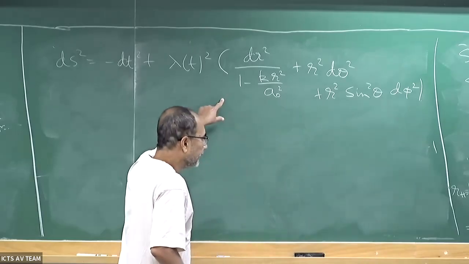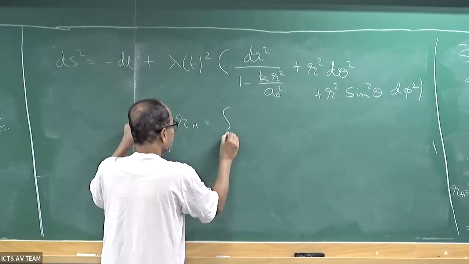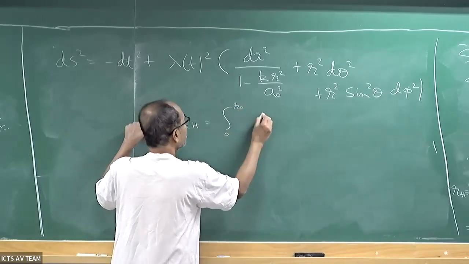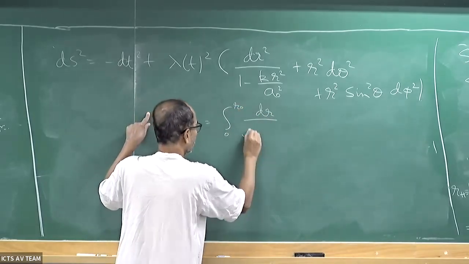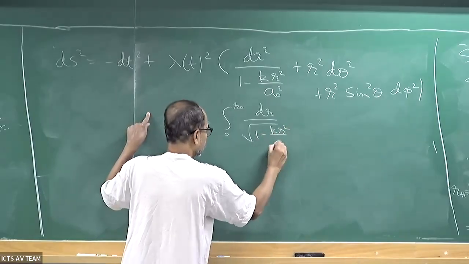So we have defined RH as the integral from 0 to r naught of dr over the square root of 1 minus k r squared over a0 squared.